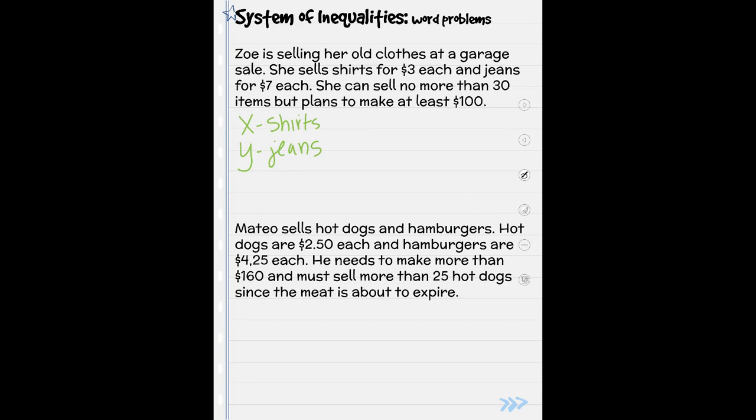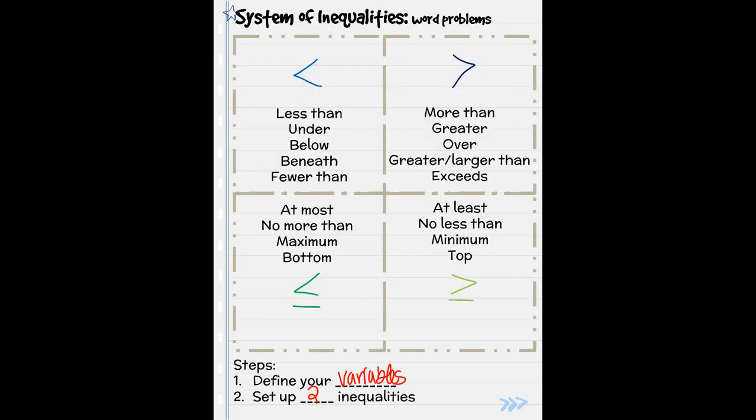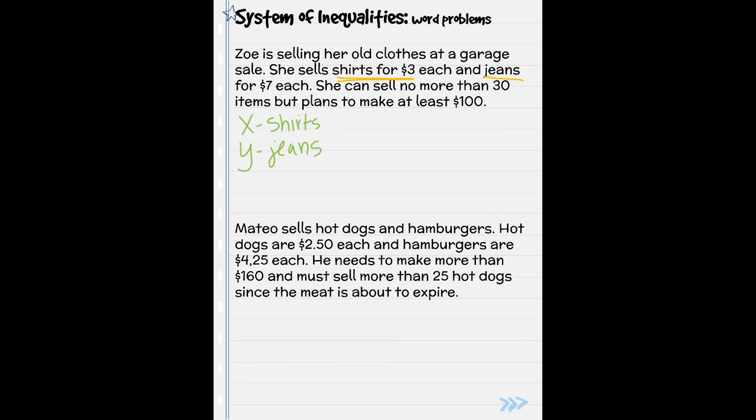Okay, let's look at this. We have shirts for $3 each and jeans for $7 each. And she can sell no more than 30 items and plans to make at least $100.